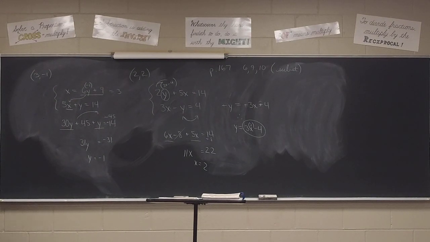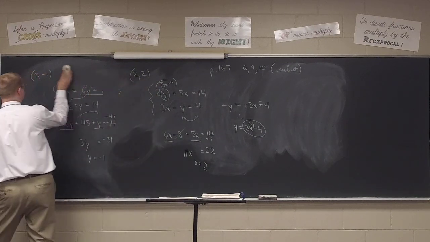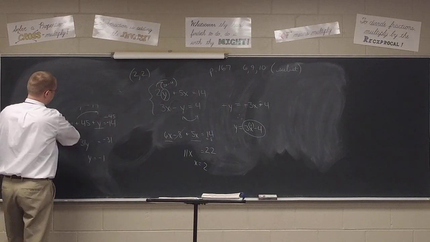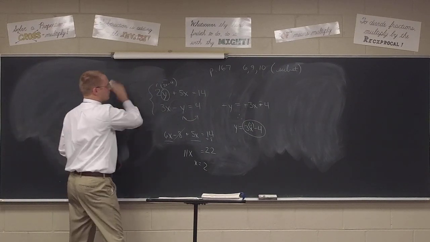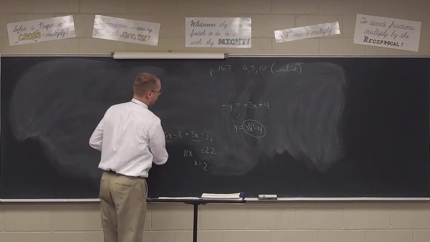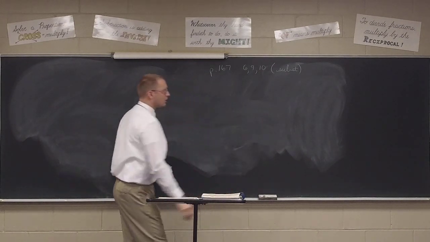Get a letter by itself, substitute it. Make sure the letter that's by itself is a positive letter. Don't get a negative letter by itself. Get a positive letter by itself, even if it means moving that letter to the other side so it becomes a positive via double switch. 6, 9, 10 substitution.